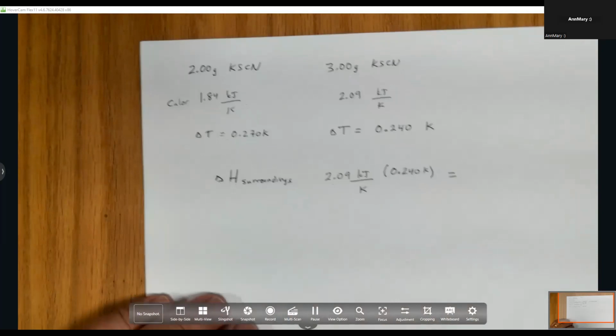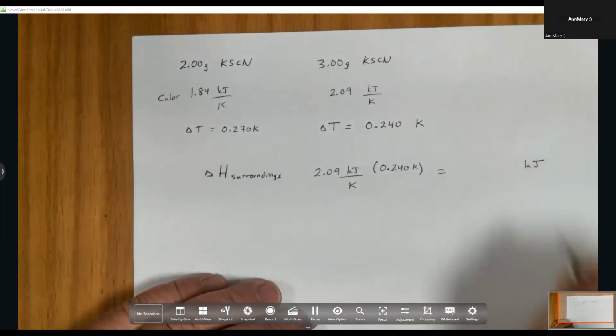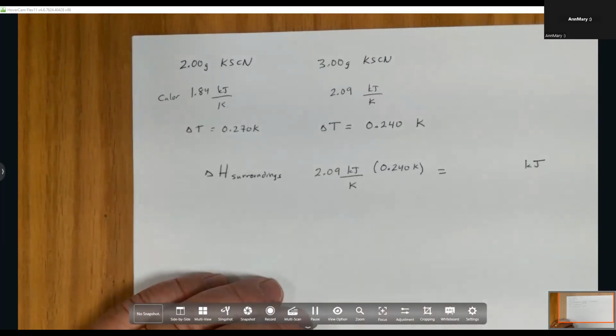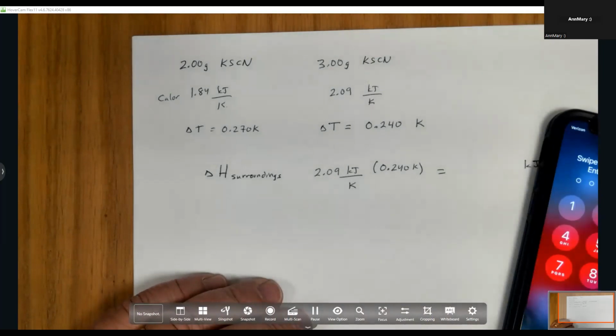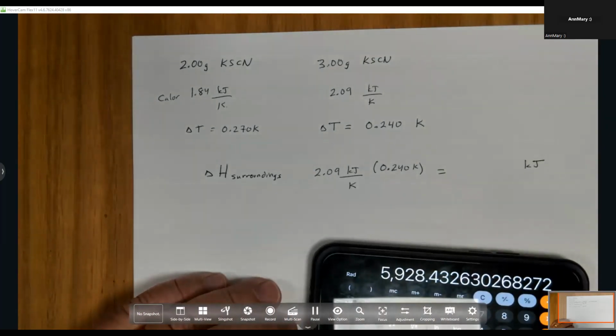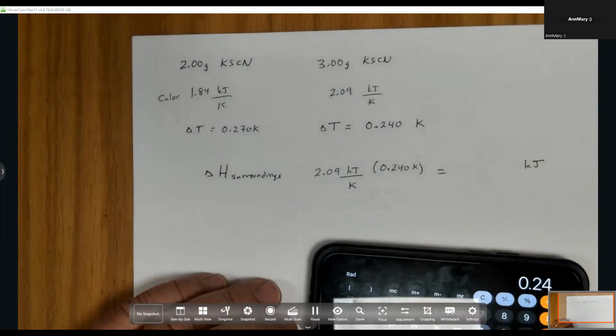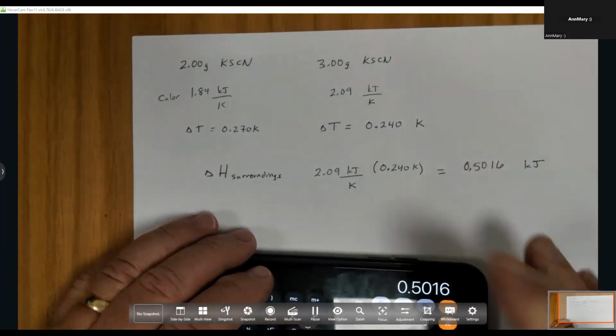That will give you the kilojoules for the surroundings. So 0.24 times 2.09 looks like 0.5016 kilojoules.